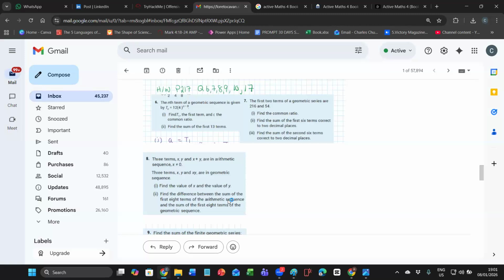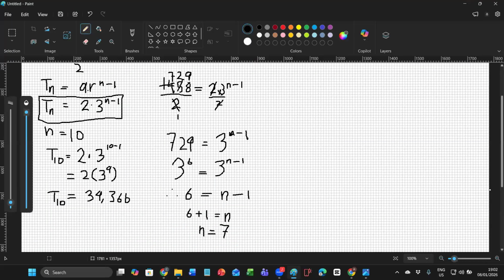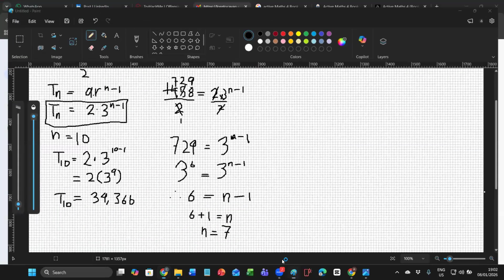Okay, good. So the question is find C1, in other words, the first term, and R, the common ratio. Oh, interesting. Okay, so you know what we're going to do? Let me go to my notes, let me see.